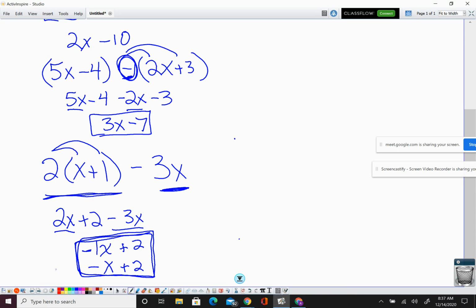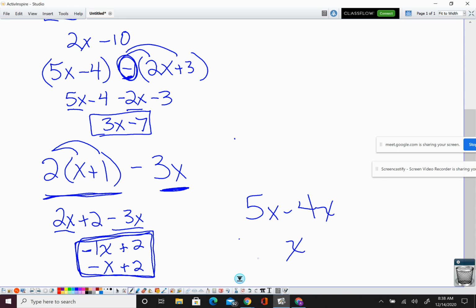So do I put a 1 in front of it? Instead of writing a 1, we just put an x. So if you were to simplify this down, 5x minus 4x, I would normally just write that down as x, because you assume that there's a 1 in front of there because you see the x.